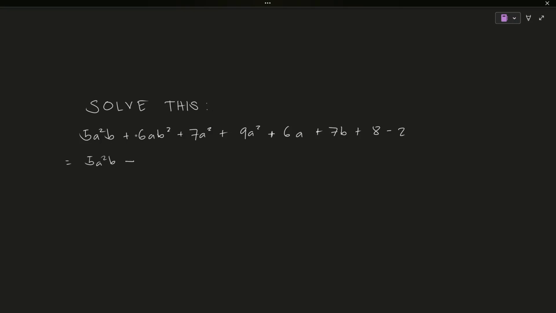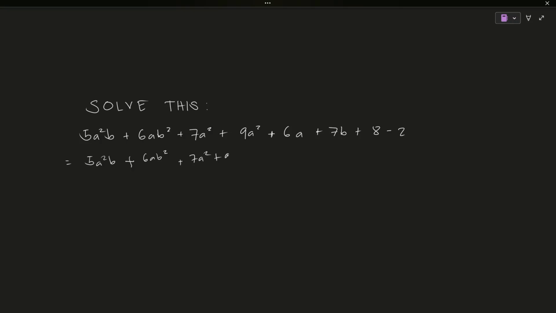So for 6ab squared, we cannot make them same like terms since the a in 5a squared b has an exponent of 2. However, in 6ab squared, the exponent of a is 1. So they are not the same. Since they are not the same, let's just copy the 6ab squared. Okay. Plus, for the 7a squared, the same term here is 9a squared. And I think that's the only one.